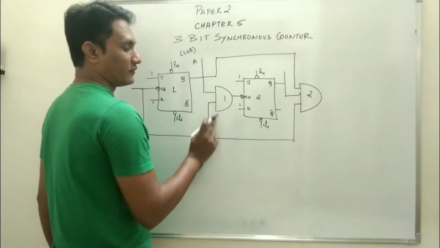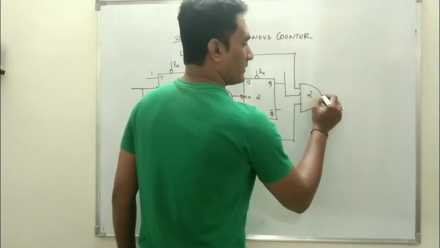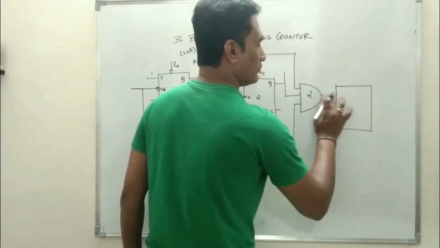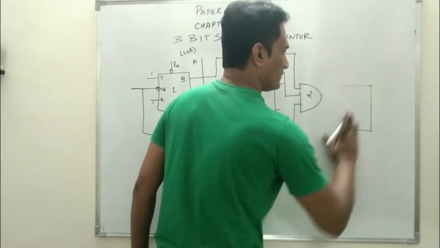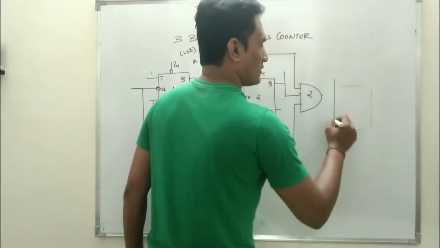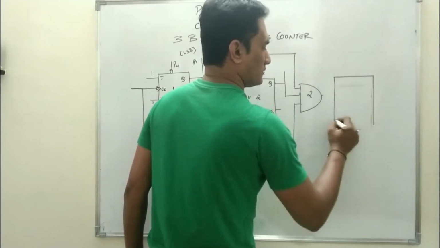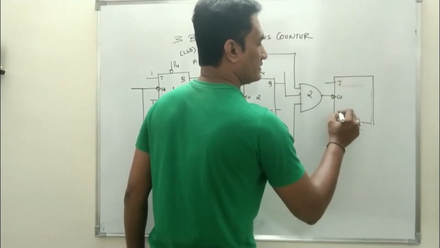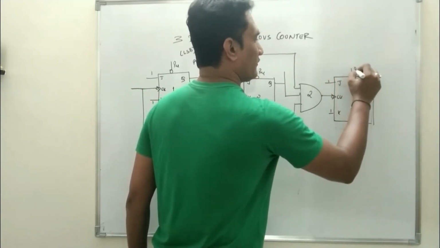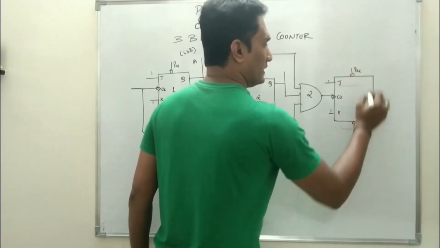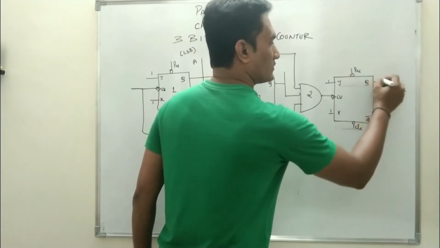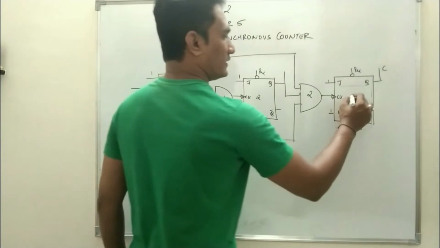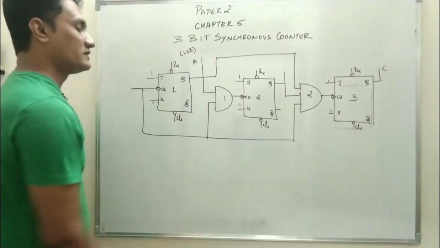For the second, it will come from AND gate 1, and the output of the AND gate will be connected to the clock input of the third JK master slave flip-flop, which is working in toggle mode, Q bar. So this is your C. This is your third flip-flop, this is your second, this is first.